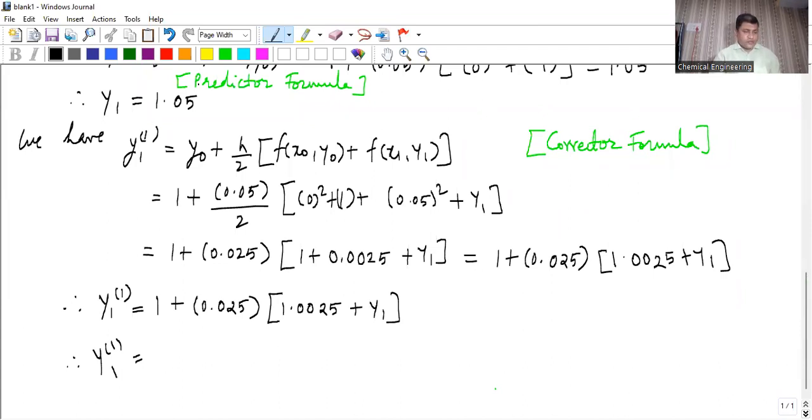Yes. So when you put this value, you are able to get 1.0513125.